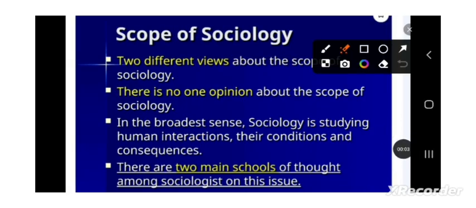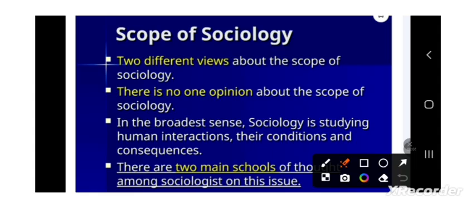Scope of sociology. There are two different views about the scope of sociology. The specialist or formalistic school argues for a limited, independent, and pure scope for sociology. Its proponents believe sociology should not try to study everything, but rather a unique, abstract aspect of social life that no other science studies.